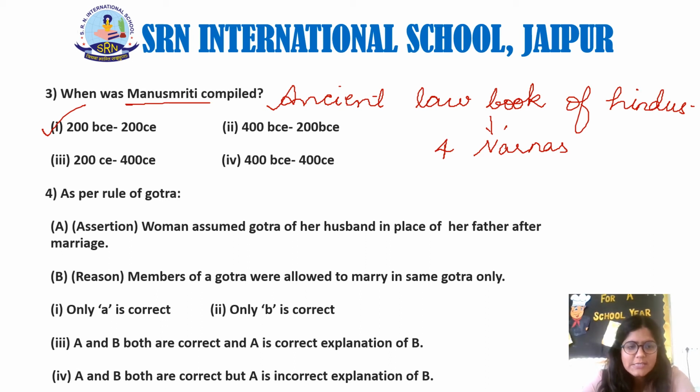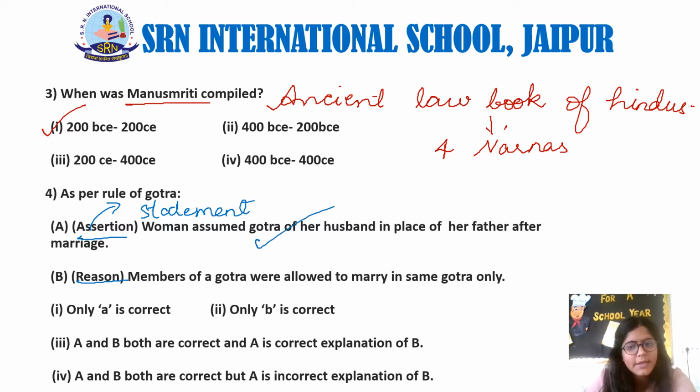The next question is about the rule of Gotra, where we have two things. First we have an assertion and then a reason. An assertion is basically a statement. We are given a statement and we have to see whether the reason given is connected to it or not. Assertion: women assumed the Gotra of their husband in place of their father after marriage.